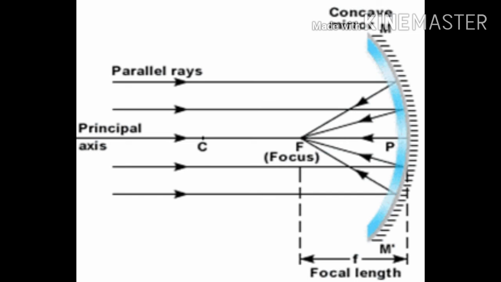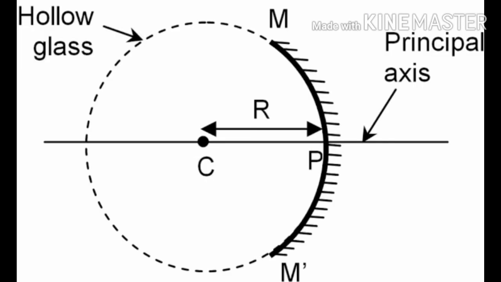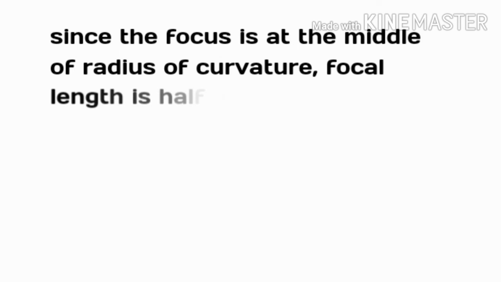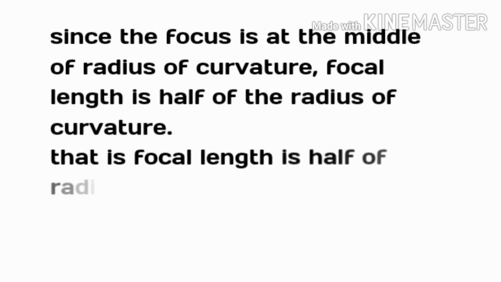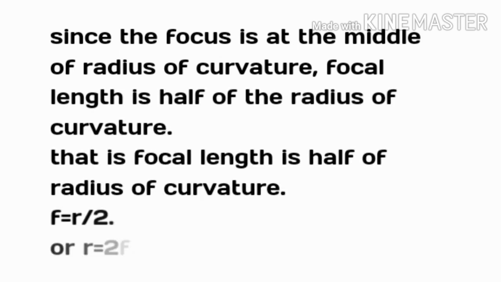Radius of curvature is the distance from pole to center of curvature, and focal length is the distance from pole to focus, and the focus is always at the middle of the radius of curvature. So focal length is always half of the radius of curvature, or f equals R divided by 2, f = R/2.